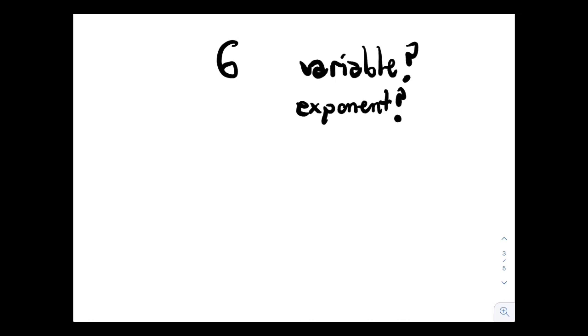And the answer is that it is there, but it's just not shown. If I were to show the monomial and its variable, it would look like this. 6x to the power of 0. And the reason why it is optional to write down x to the power of 0 is because it is equal to 1.